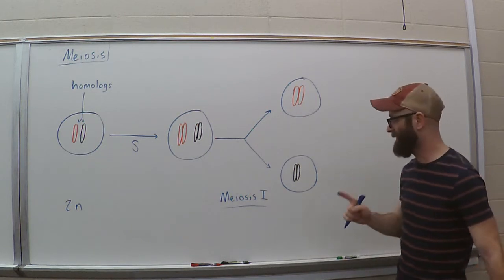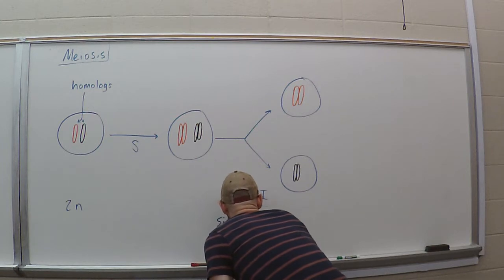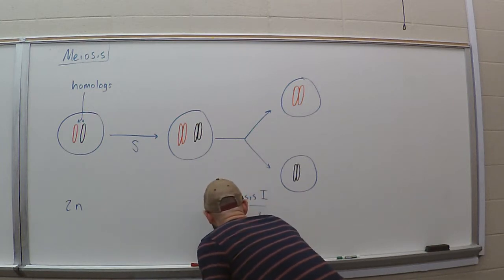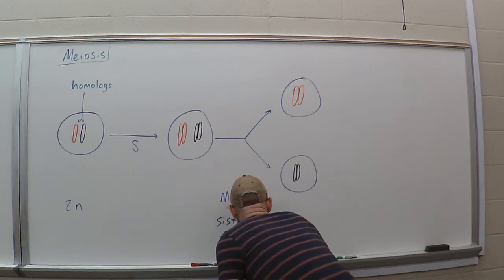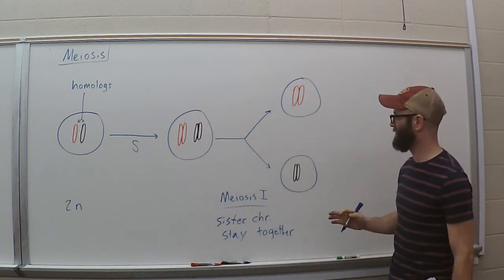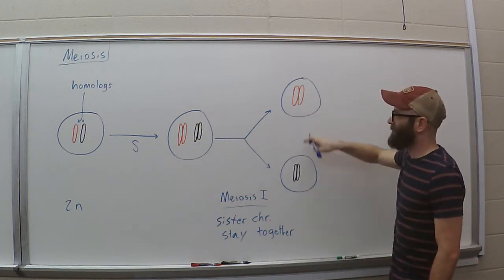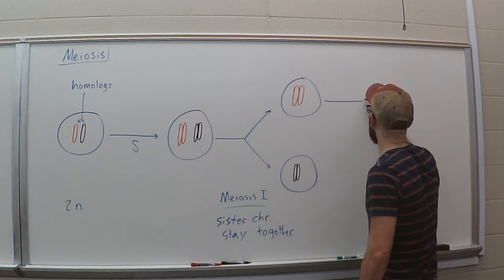That's meiosis 1. The sister chromatids stay together during meiosis 1. And then each of these cells will go through meiosis 2.